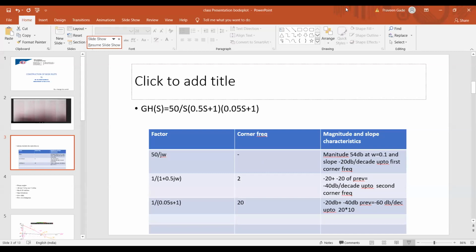Am I audible? Yes, ma'am, you are audible. We can hear you. Is the screen visible? Yes, ma'am. Somewhere it got cut, disconnected.